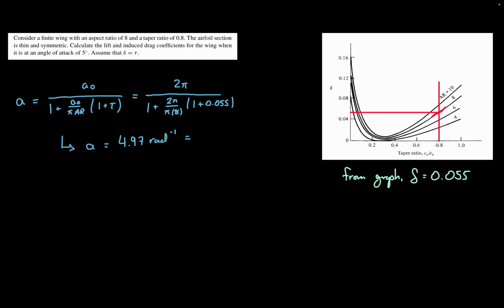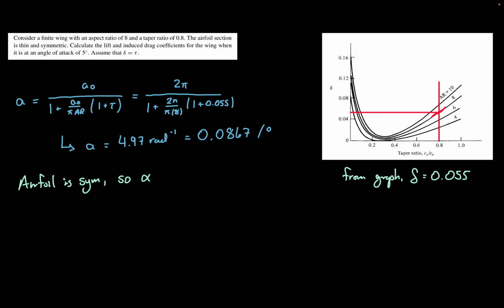We can convert this by multiplying by 180 degrees divided by pi to get 0.0867 per degree.